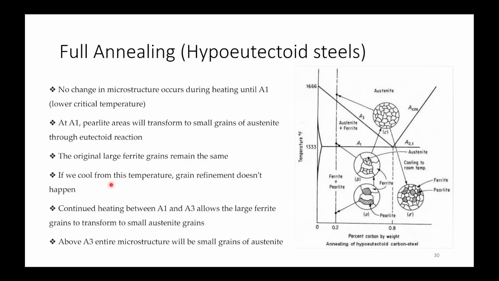If we cool from this temperature, grain refinement doesn't happen because ferrite is already existing. Only the area that has converted into austenite will change.